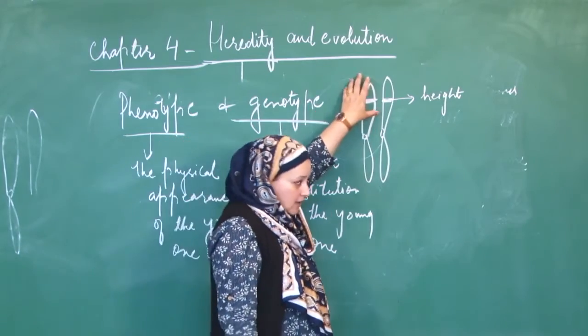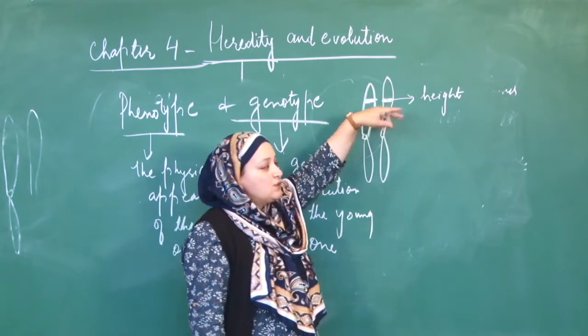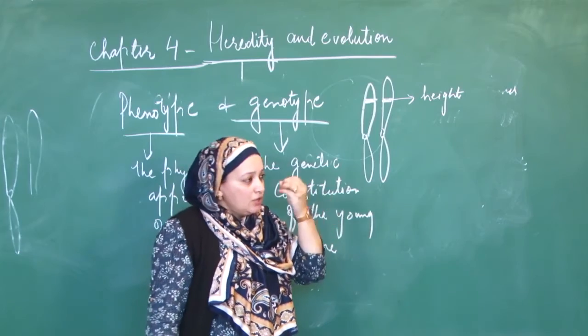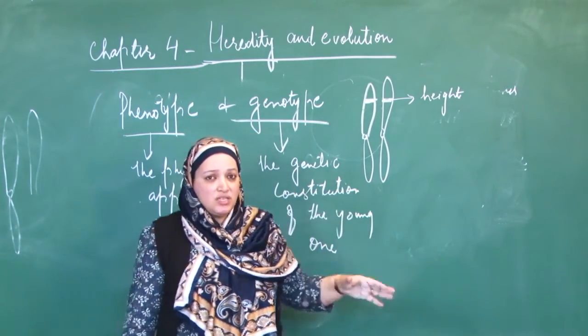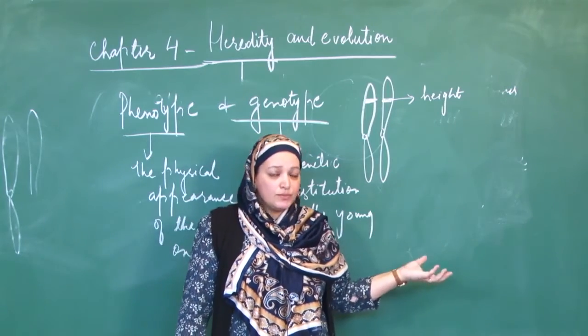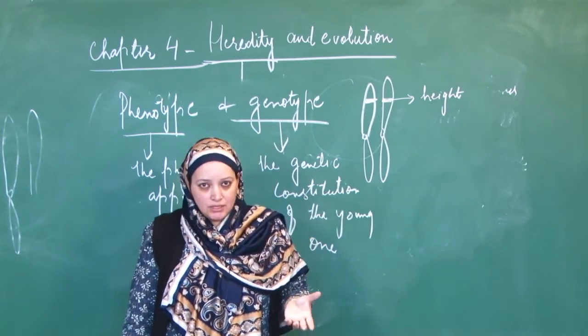Now you have seen that there are two genes for one character. There are almost 30 to 40,000 genes present in our chromosomes, which represent different characters.